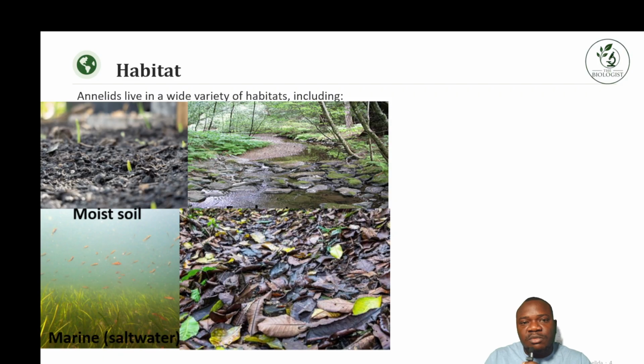In damp leaf litter, like in forested regions where leaves normally fall from trees, you can see earthworms and other species of annelids moving around.